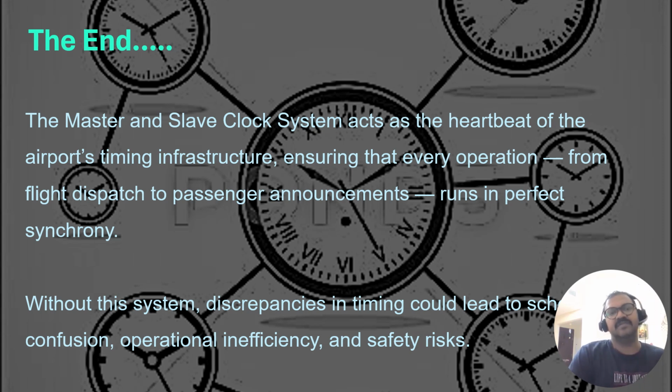So these are the reasons. Majorly, this master and slave clock system integrates the major systems in the airport and synchronizes all of them to a single time source, which is called the master and slave clock system.